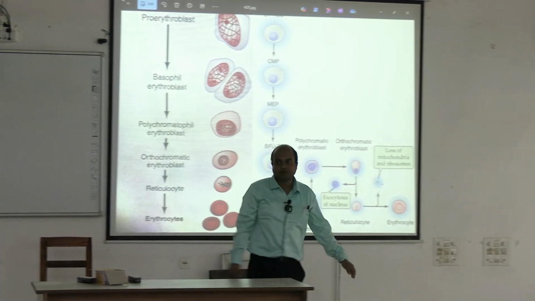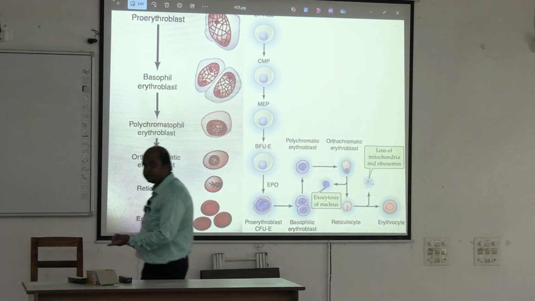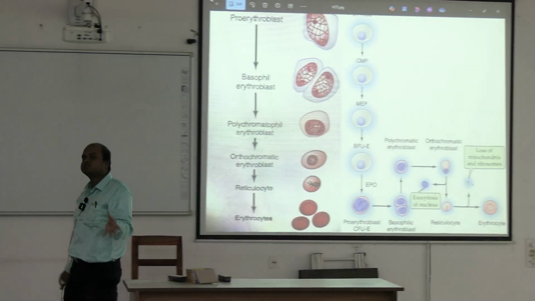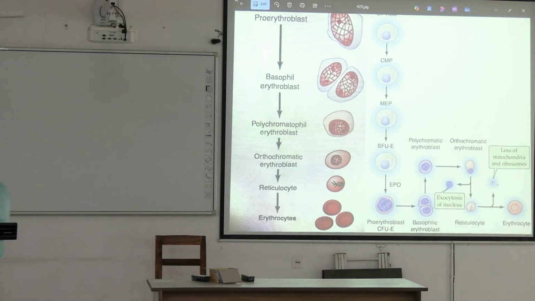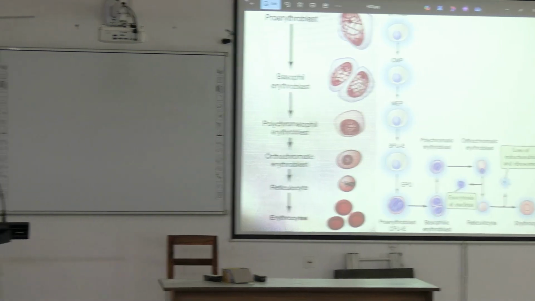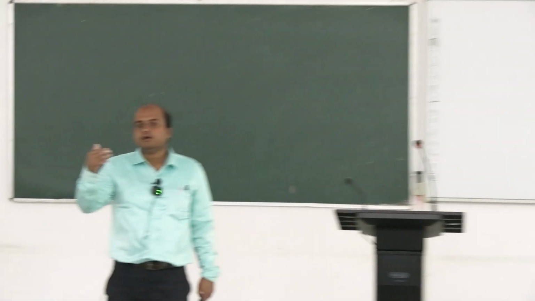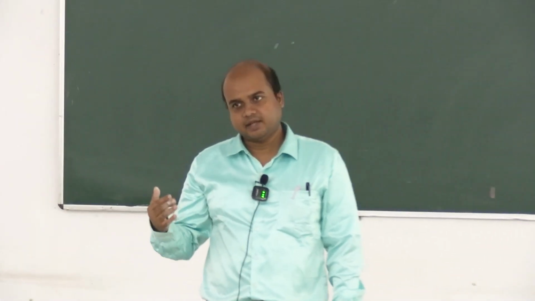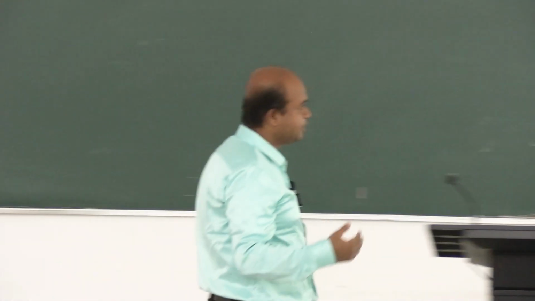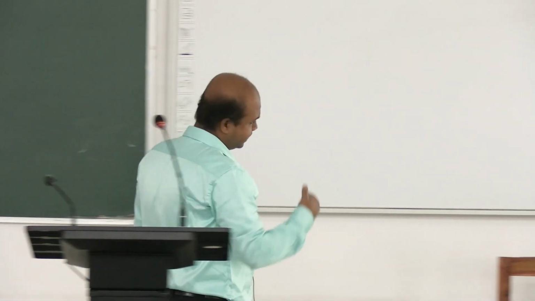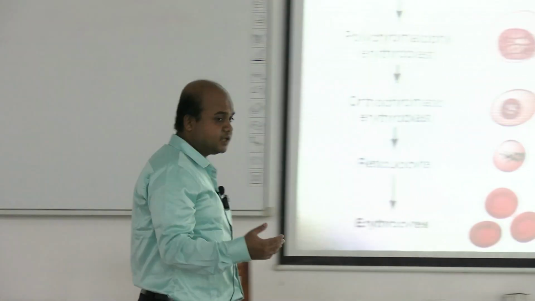So it is the most important factor. It is needed at the stage of conversion of those burst forming units. It will form a burst of red cells to the pro-erythroblast, and then they will pass through various stages like the basophilic erythroblast, that is staining with basic dyes, then the polychromatophilic erythroblast and the orthochromatic erythroblast.